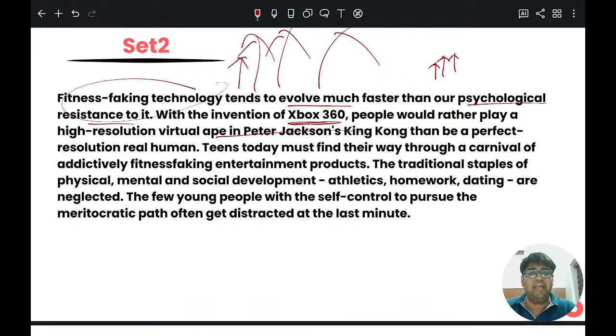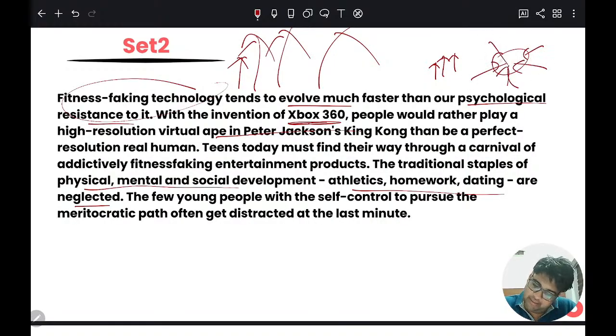Kids today must find their way through a carnival of addictive fitness-faking entertainment products. The traditional staples of physical, mental, and social development, athletics, homework, dating, are neglected. What is happening? People are being shrunk to their own pleasure. Because there is no dating, people are finding online dating, Tinder, swipe right, message.